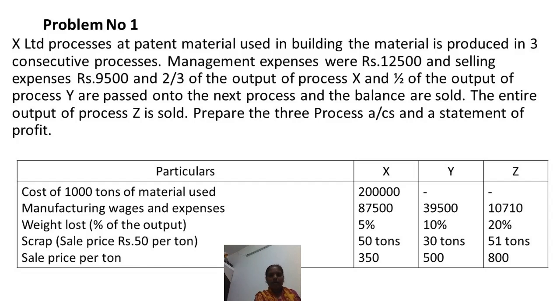Then the scrap is given as 50 tons in process X, 30 tons for Y, and 51 tons for Z. Sale price per ton is given as 350 for X, 500 for Y, and 800 for Z.